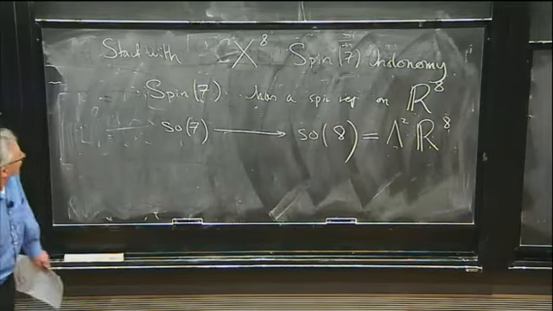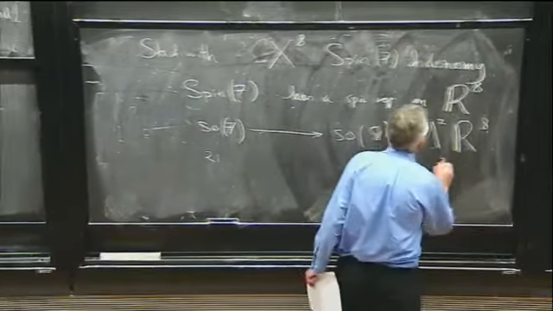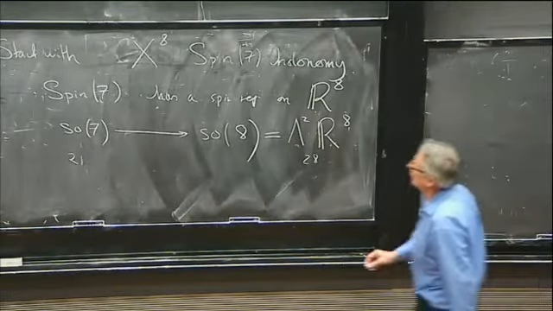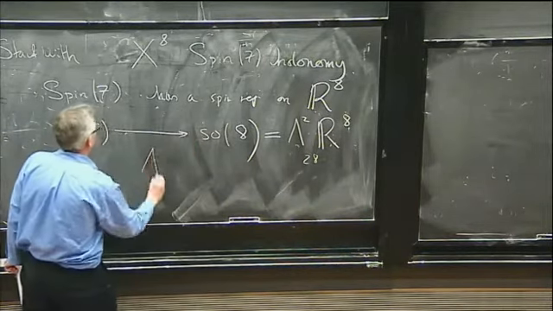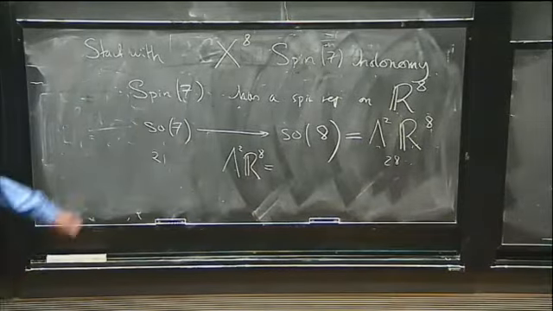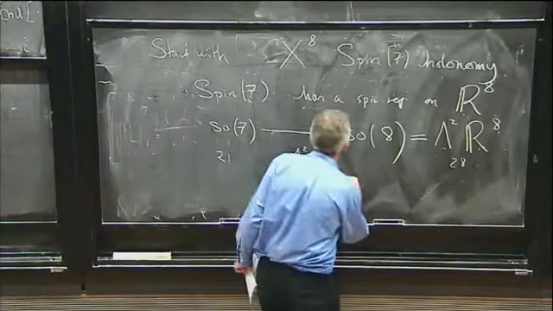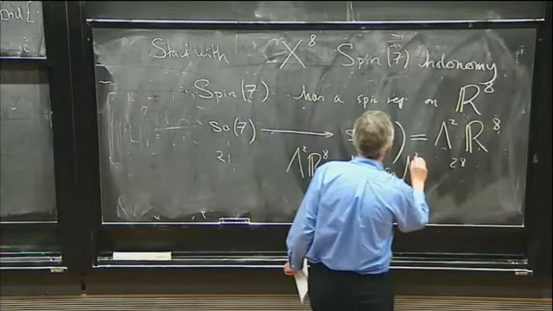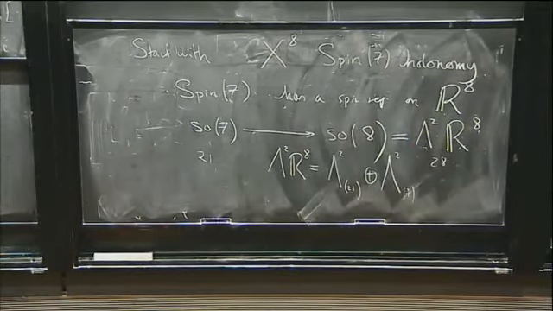On the other hand, this has dimension 21, and this has dimension 28, so it has to be properly injective. So we have a decomposition of Lambda 2 R8, invariant under Spin(7), into the image of this map, which is a 21-dimensional space, plus a 7-dimensional orthogonal complement.